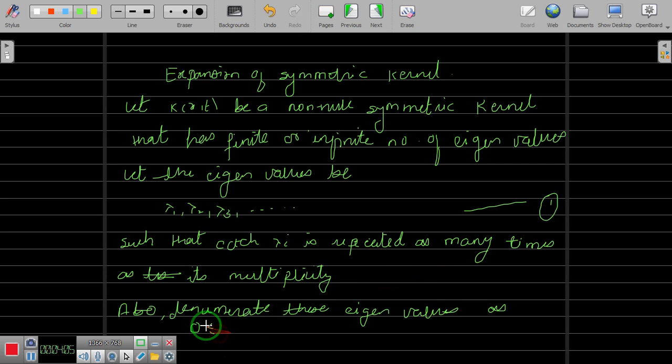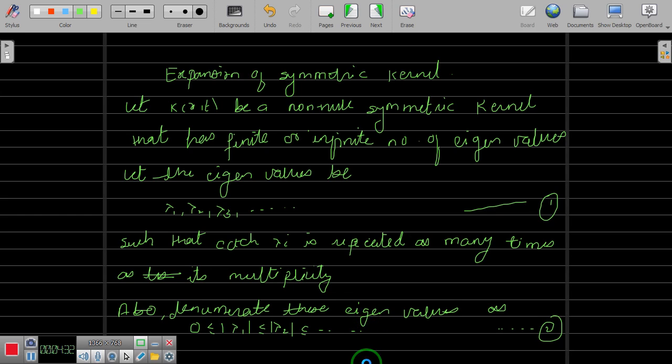So 0 is less than or equal to mod of lambda 1, less than or equal to mod of lambda 2, less than or equal to something like this. Let us denote this by equation number 2. If you want to change this, you can first take these lambda i's and then write beta i's. All those things you can perform.